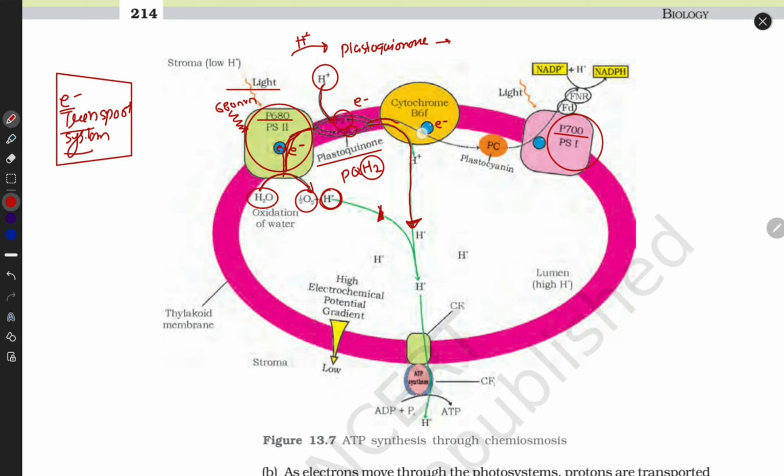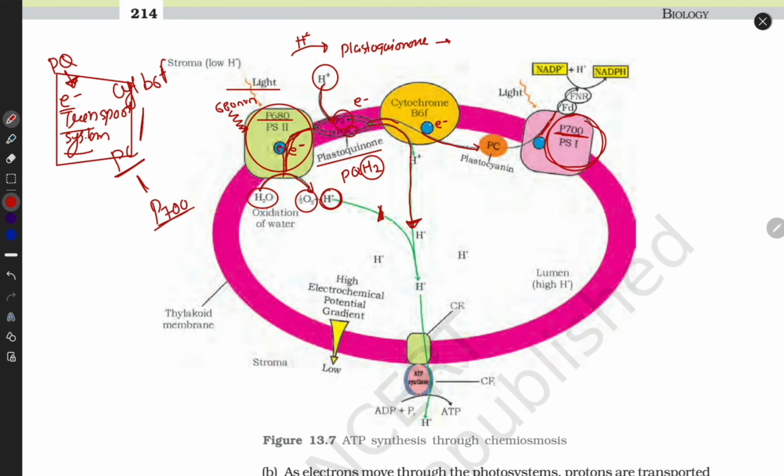Plastoquinone passes its electron to cytochrome b6f, b6f passes its electron to plastocyanin, and plastocyanin passes its electron to P700.